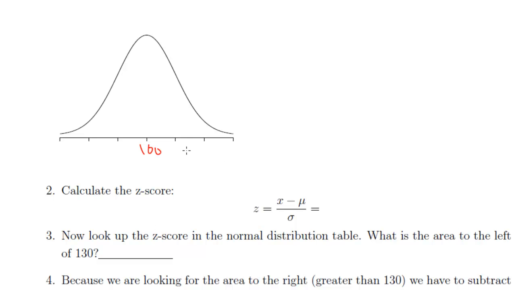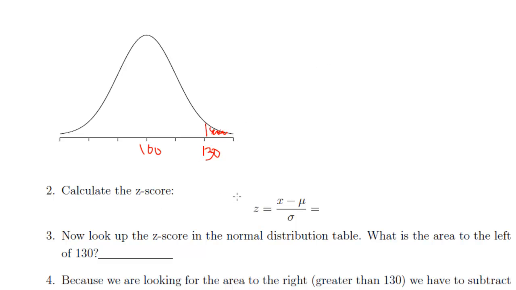So I'm just going to estimate where 130 is. I'm going to say it's all the way over here. And what we want to do is find this area right here. We want to know the probability of an IQ being greater than 130. So that's going to be to the right of 130.